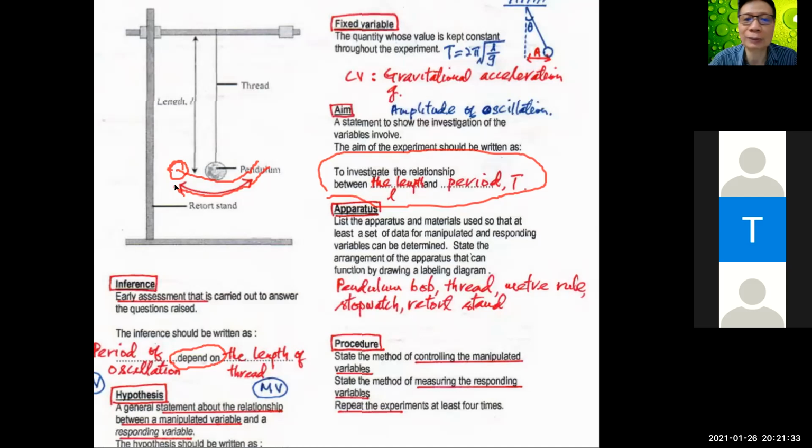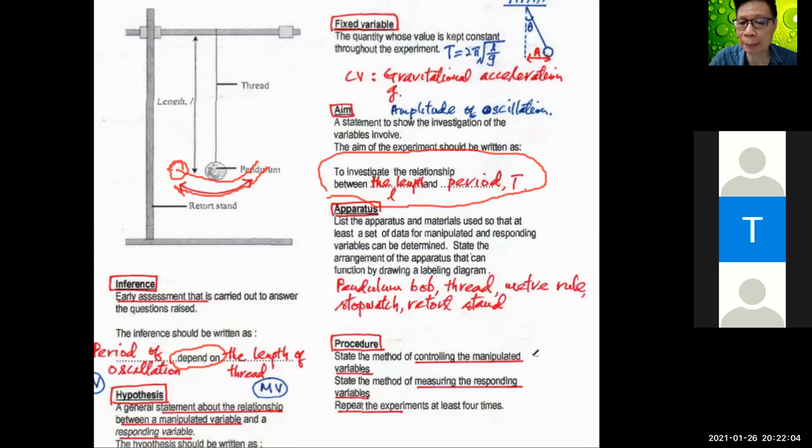Sometimes the teacher will ask you to take the time for 20 oscillations, more accurate. Okay, so method of controlling the manipulated variable, method of measuring the responding variable, and then the last one is repetition. 你一定要讲如何重复你的实验, repetition of the experiment.